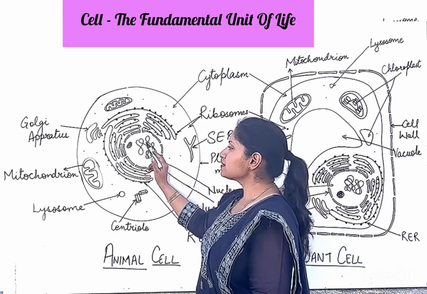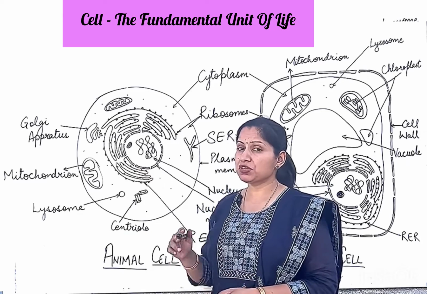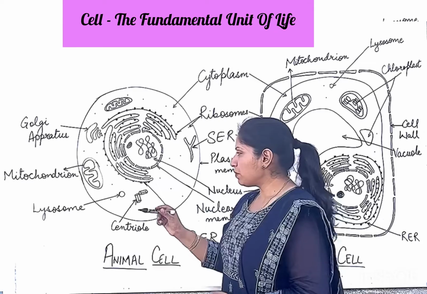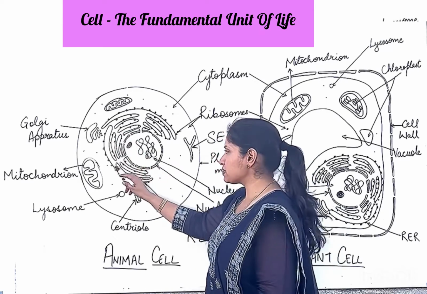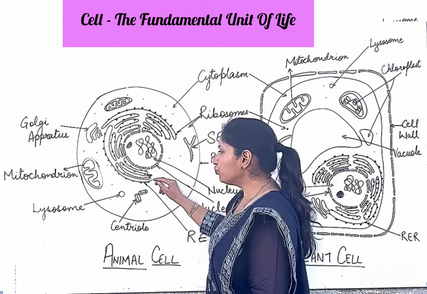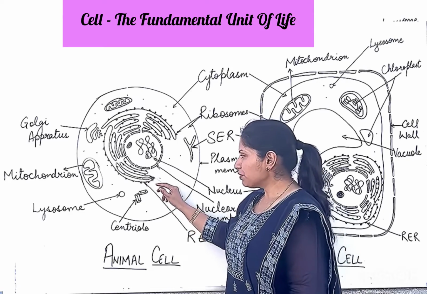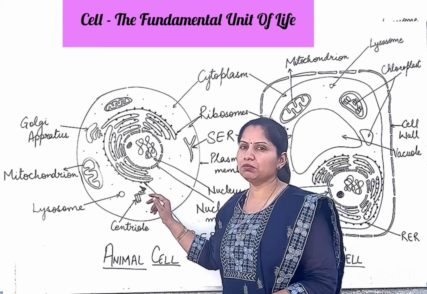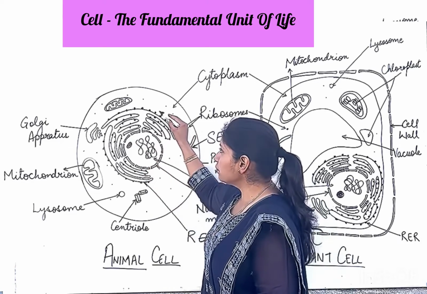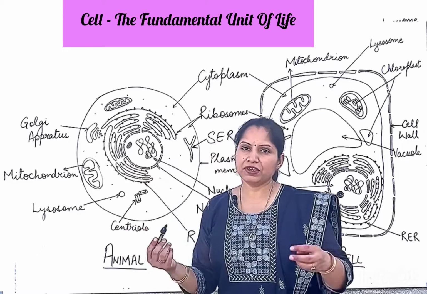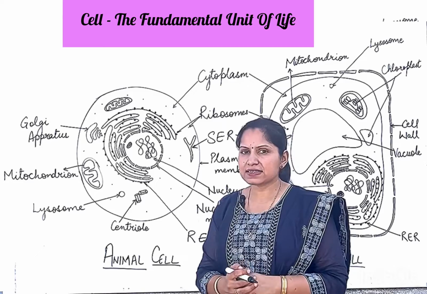From the nucleus, things will be transported to the cytoplasm, and from the cytoplasm, things will be transported to the nucleus. Apart from that, from one part of the cytoplasm, things will be transported to another part of the cytoplasm through a network of tubules, and this is known as the endoplasmic reticulum. This endoplasmic reticulum has a single membrane. Endoplasmic reticulum could have some ribosomes over it. We have already seen that ribosomes are known as the protein factory of a cell that synthesizes proteins.